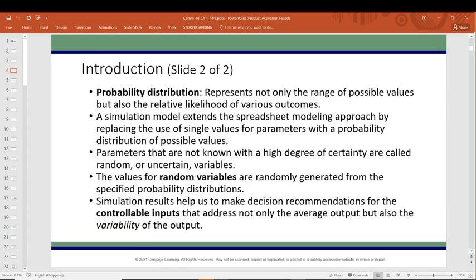The simulation model uses the randomly generated values of the random variables. Simulation results help us to make decision recommendations for the controllable inputs that address not only the average output but also the variability of the output.